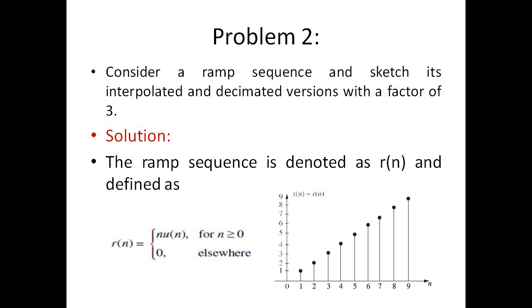The ramp sequence is denoted here as r of n, and it is given by n times u of n. That is, if x of n is equal to 1, your y of n also will be equal to 1. If x of n is equal to 6, y of n also will be equal to 6. So equal elements keep moving between x of n and y of n for the sake of generating a ramp sequence.